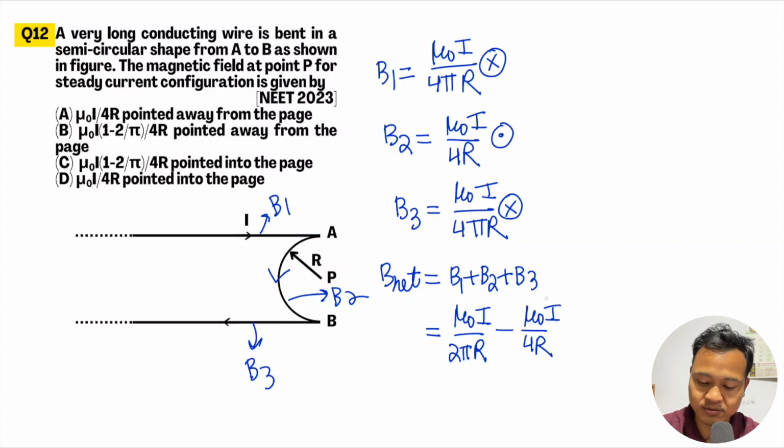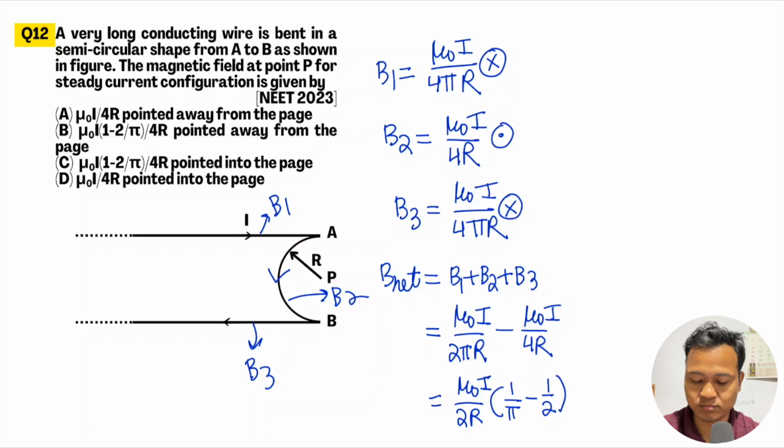So how much is this? Mu naught into I by 2R, taking common, I will have here 1 by pi minus 1 by 2. Option A: mu naught I by 4R into 2 by pi minus 1. You take 4R here. So you'll have here 2 by pi, and here 1.